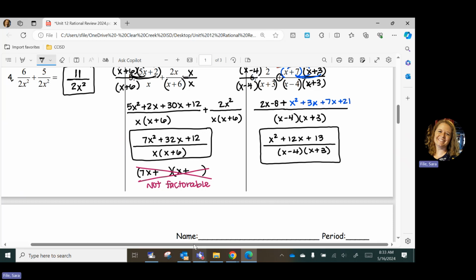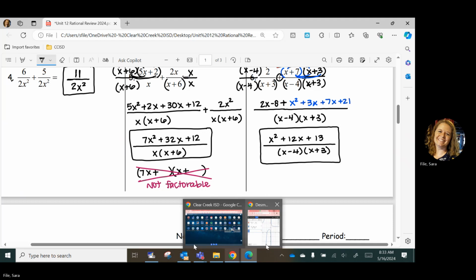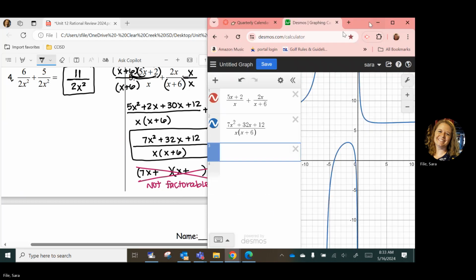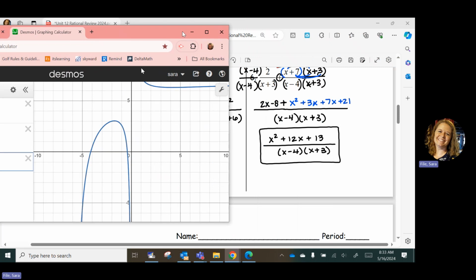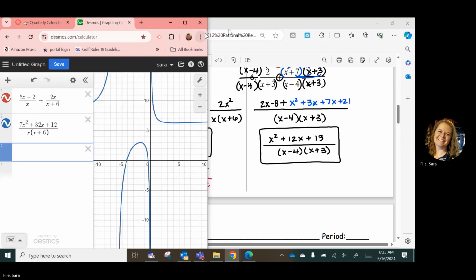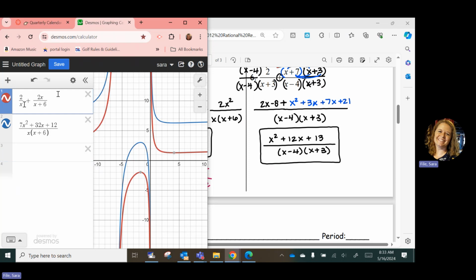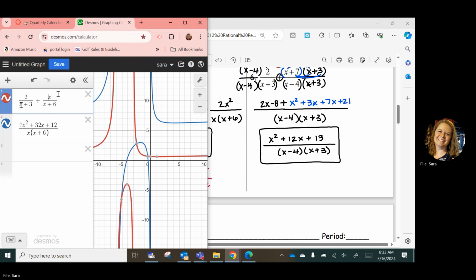Okay, and we can check one more here. So you can see that was 2 over x plus 3 plus x plus 7 over x minus 4.